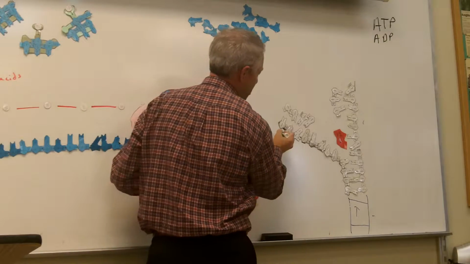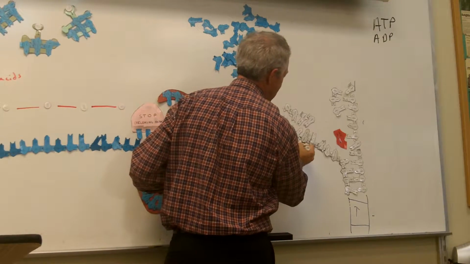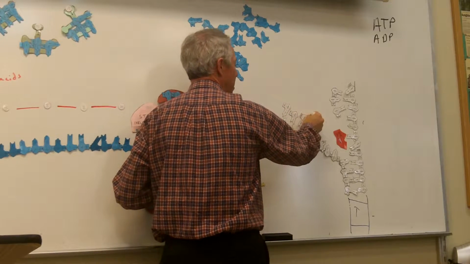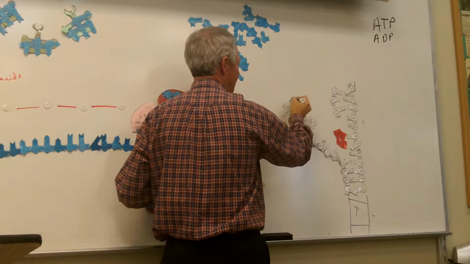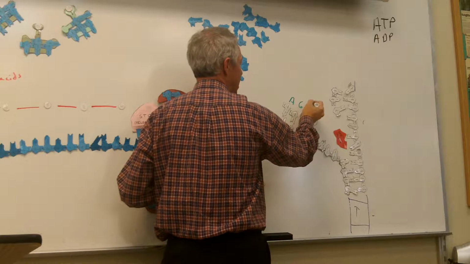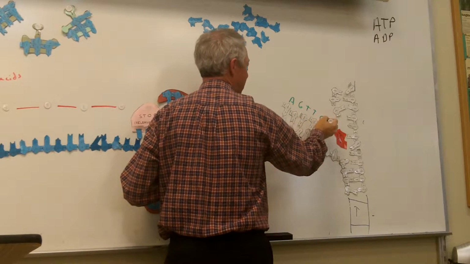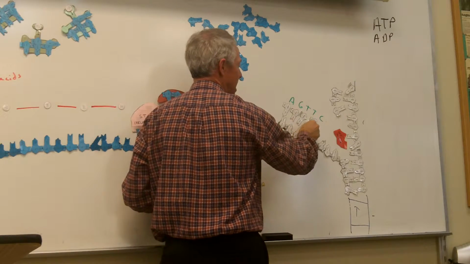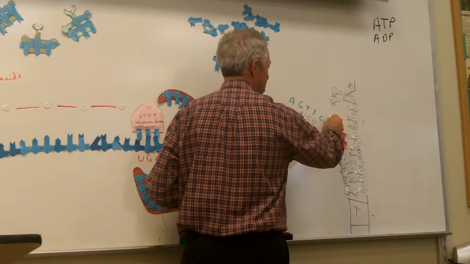What if this side was TCAAG? If you're copying DNA, the other side should be AGTTC.